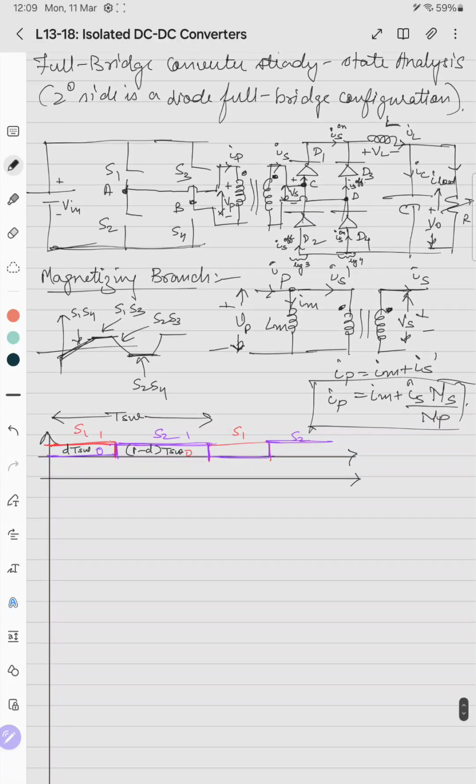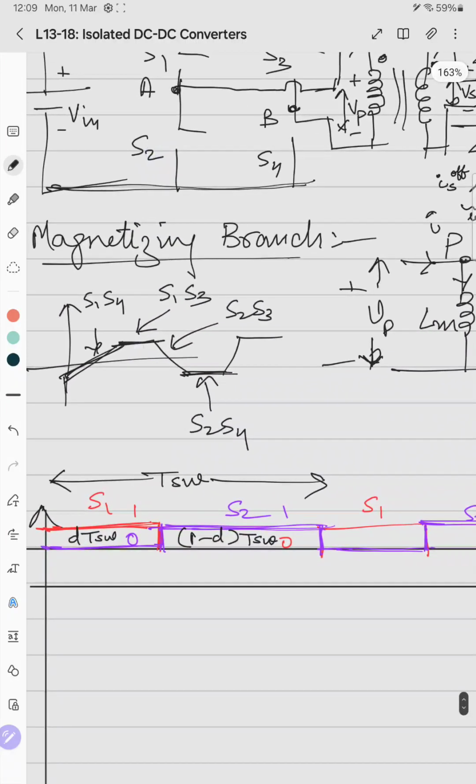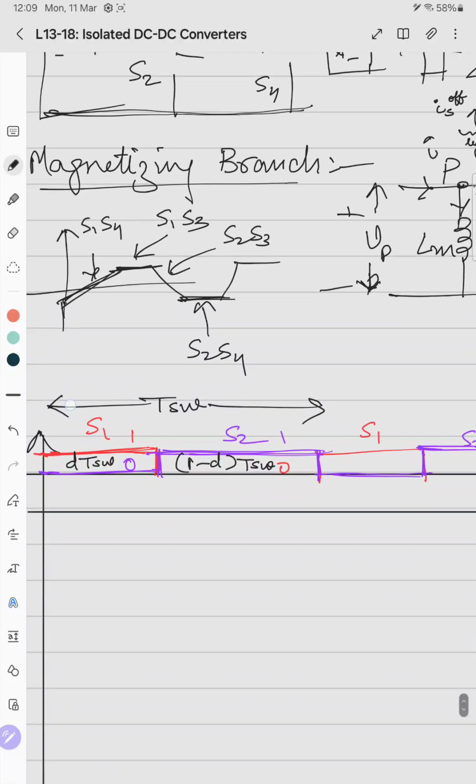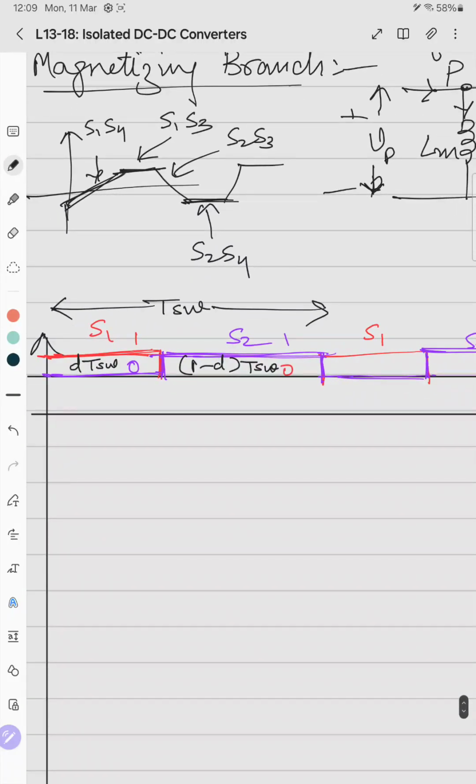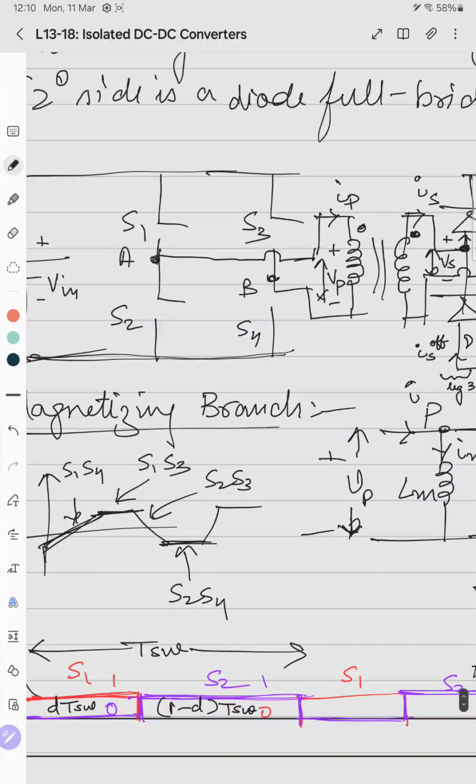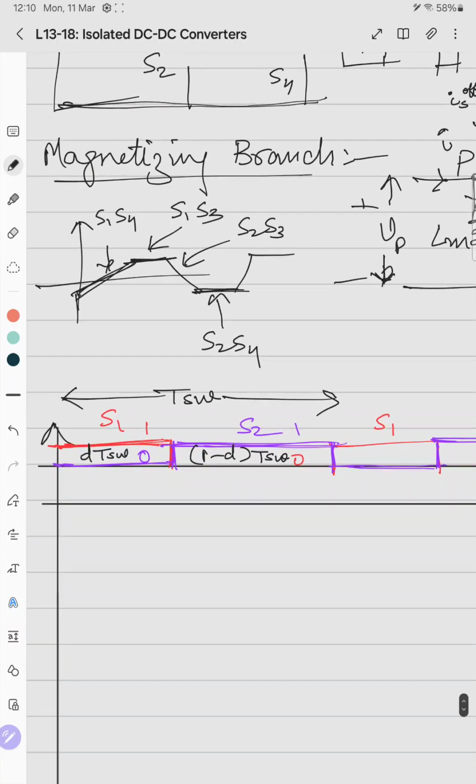We'll assume that the duty ratio for leg 1 and leg 2 are the same for the full bridge converter, and it is just phase shifted because we want to analyze this type of switching. First S1, S4 should be on, then S1, S3, then S2, S3, then S2, S4. So first S1, S4. Say that we delay the switching of S3 with respect to S1 by some time.